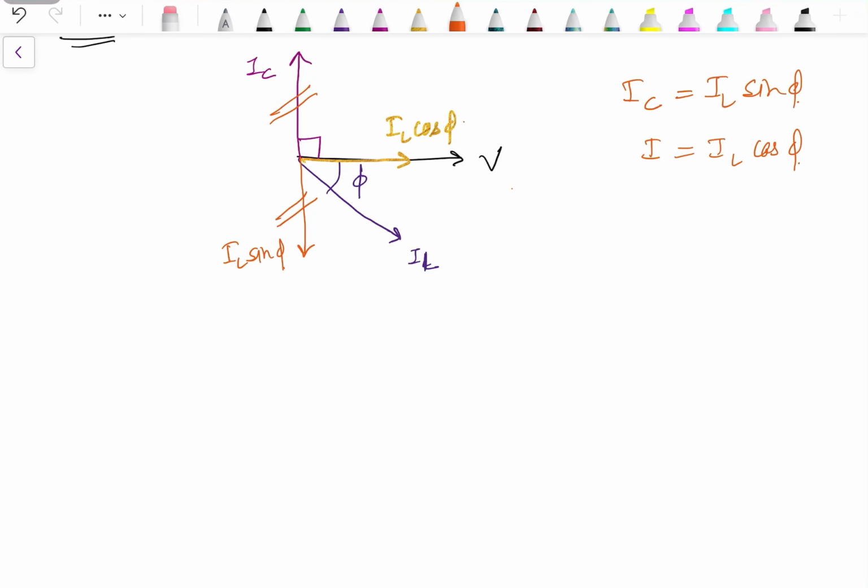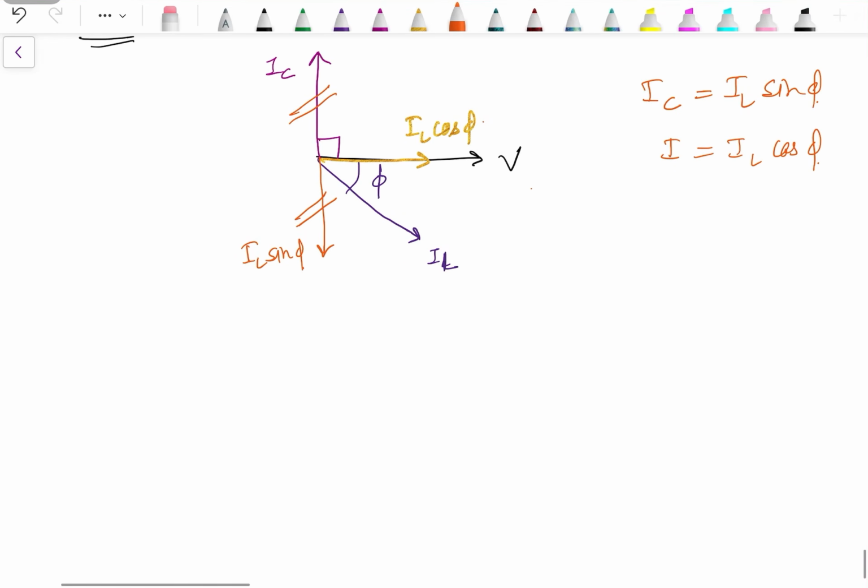Now, if we have to show the variation of the susceptance or the conductance with respect to frequency, we can write impedance or admittance.